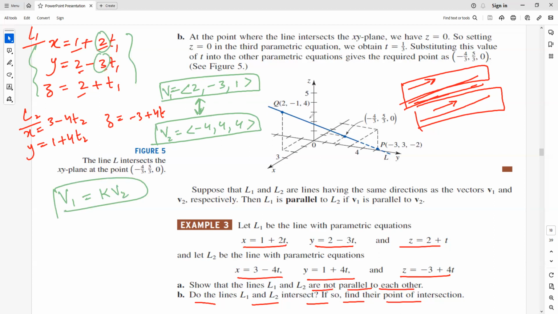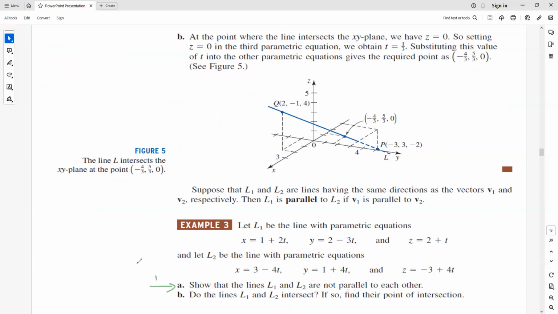So these vectors are not parallel, which implies that the lines are not parallel. So this is established. Now, what next is we need to find whether these lines intersect.